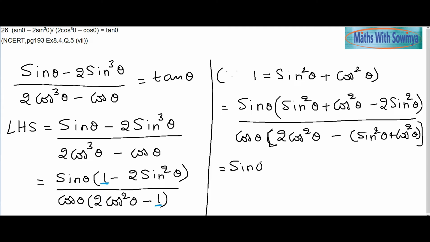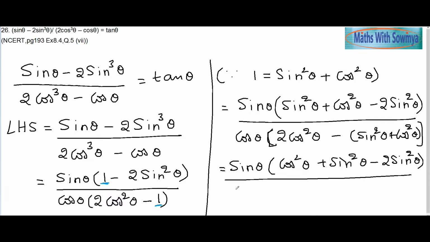Now, this is sin theta, we can write it cos square theta plus sin square theta minus 2 sin square theta, divided by cos theta, and here we will get 2 cos square theta plus into minus, minus sin square theta minus cos square theta.